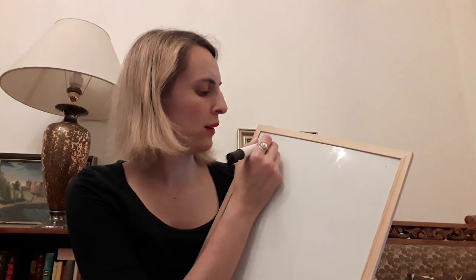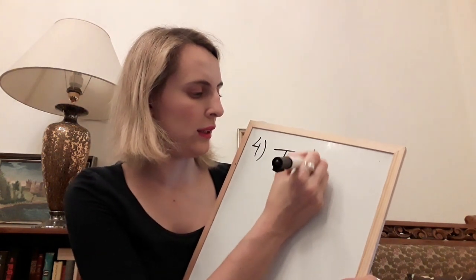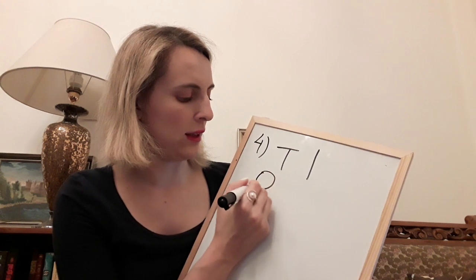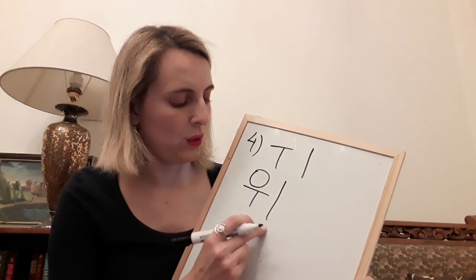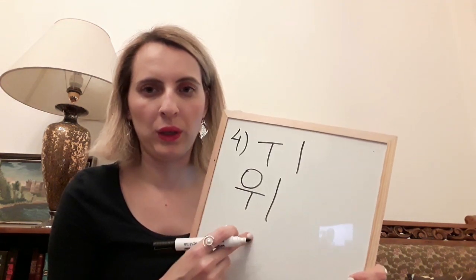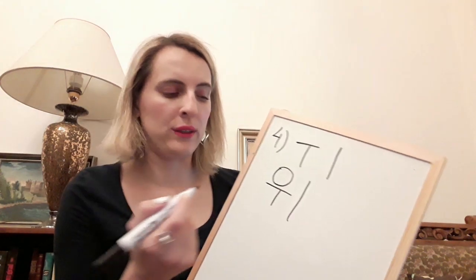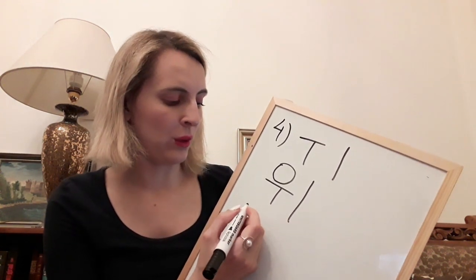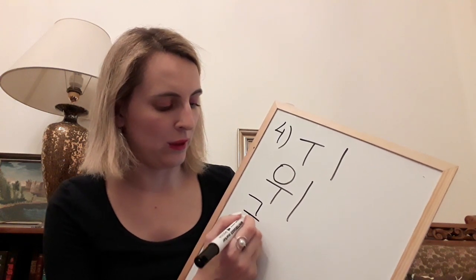Then we have our fourth diphthong, and it is made by this one, and it's written like this. If you try to pronounce it, it is uwi, uwi, it becomes wi. I didn't find a lot of words with this diphthong, so I will just use the ones that I found.